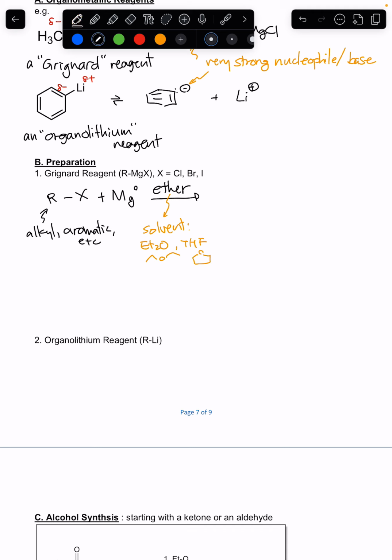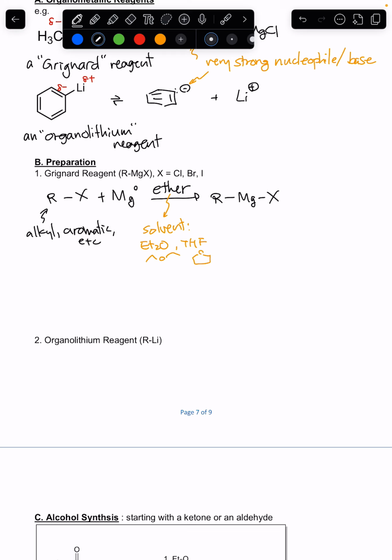Part of the reason is that once the magnesium inserts itself into this carbon-halogen bond, you would form a Grignard reagent that looks like this.